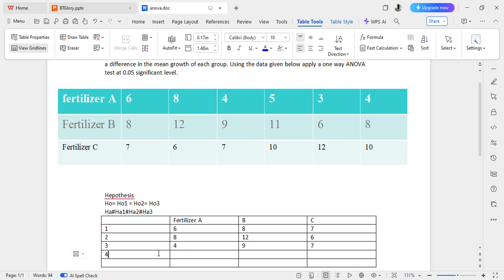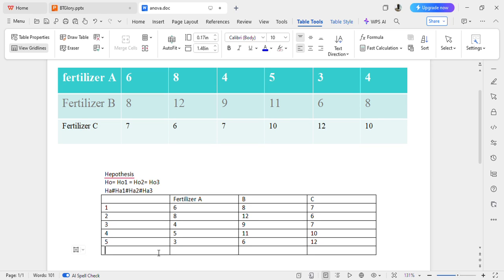We have week 4, we have 5, 11, 10. Then we have week 5, the last week. For week 5, we have 3, 6, 12. Then we have week 6. Oh, day 6, not weeks. These are days. Day 6, we have 4, 8, 10.